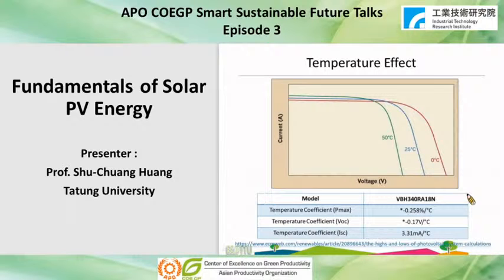So we have a negative temperature coefficient for P max and also the voltage. Although we have a positive coefficient for the current, the overall power still has a negative temperature coefficient, which means that in a bright sunny day, although you have more power generated, due to the temperature coefficient, which is negative, the power will be degraded.